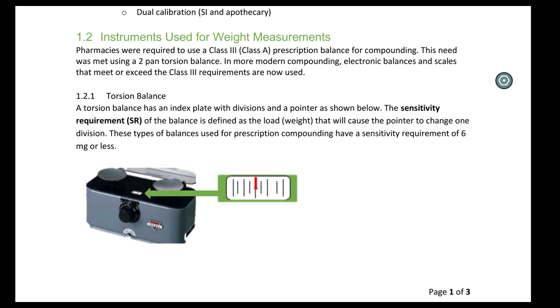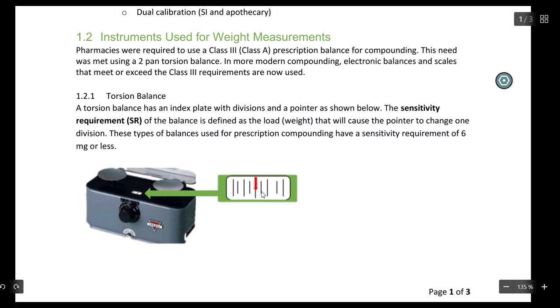The terminology that we need for these types of torsion balance is something called an SR, or sensitivity requirement. And SR means the amount of weight that will cause that little red pointer to change one division, right? One division over. A division being one of these little slashes. So the amount of weight that it takes to move from one line to the next is called the sensitivity requirement.